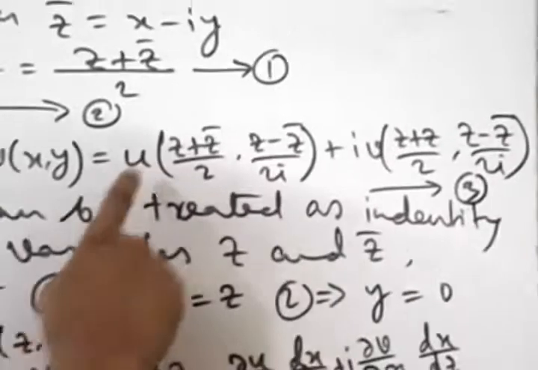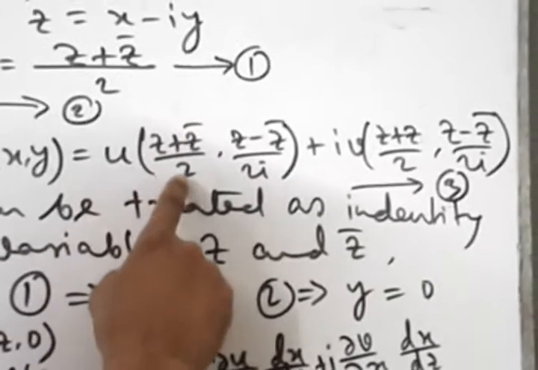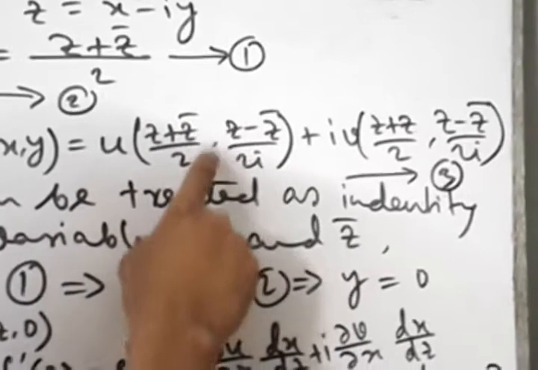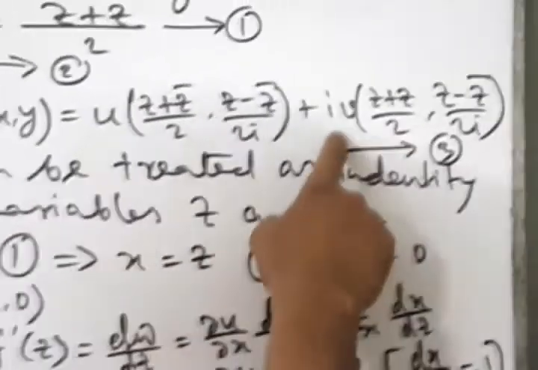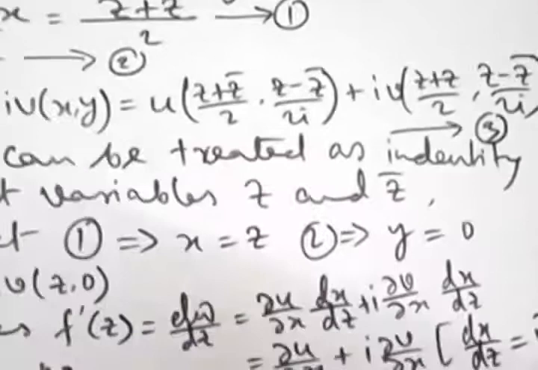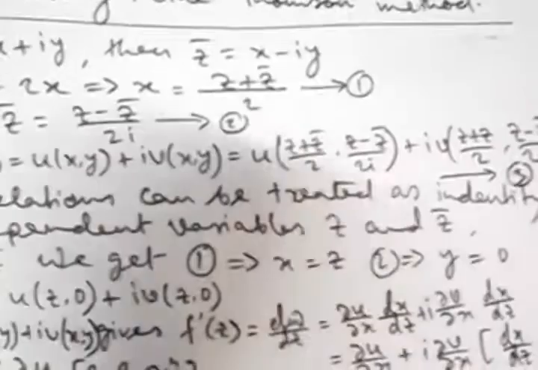Now by substituting x and y from relations 1 and 2, we get u((z plus z bar) divided by 2, (z minus z bar) divided by 2i) plus i v(...), and this is equation number 3. So we get 3 relations here, 1, 2 and 3.